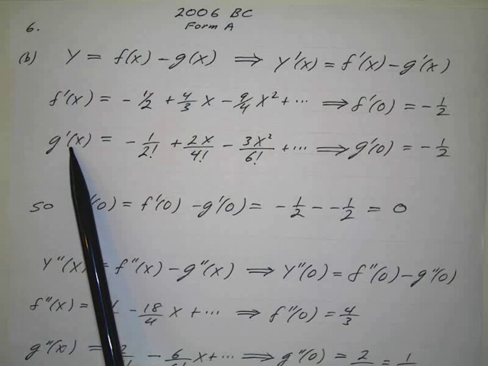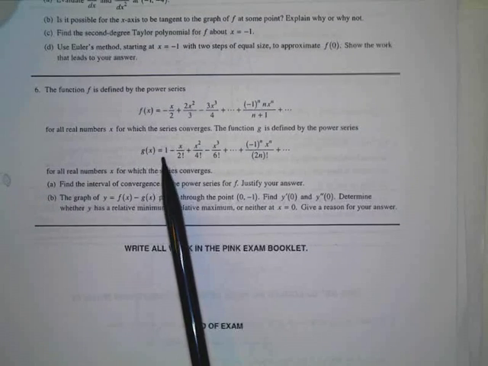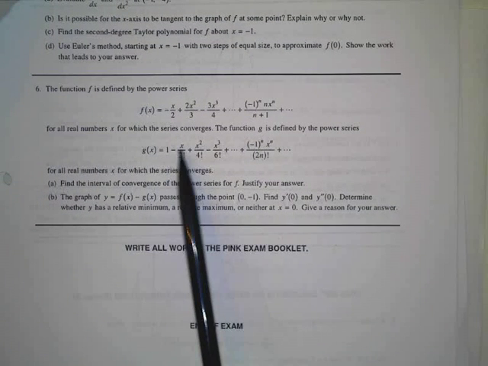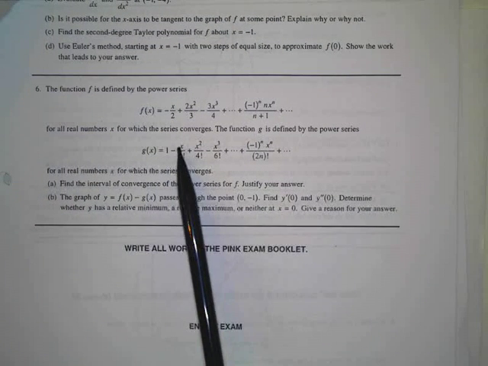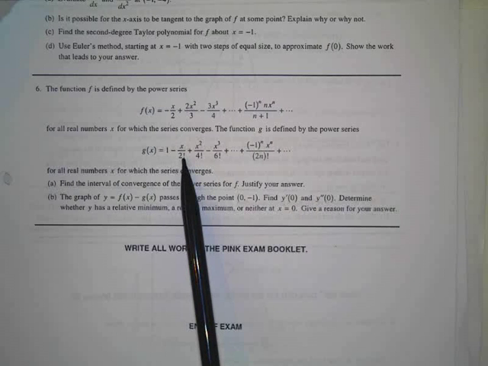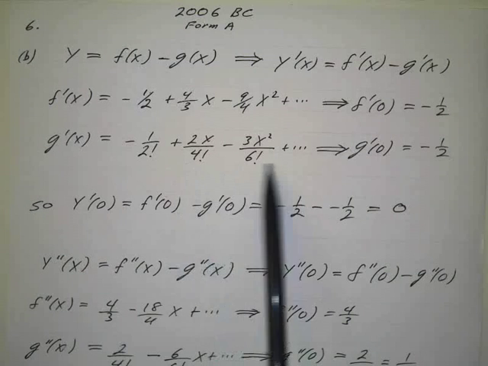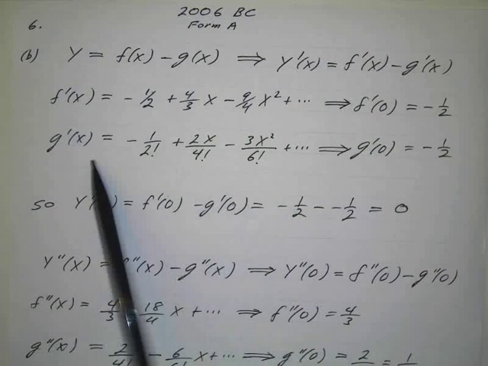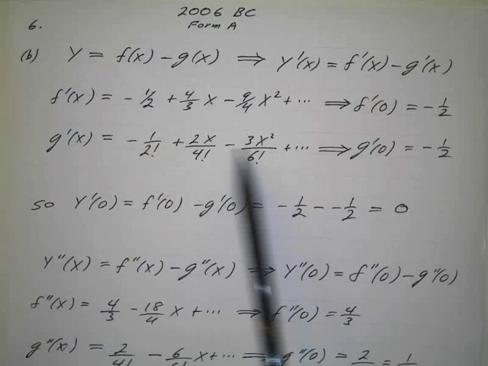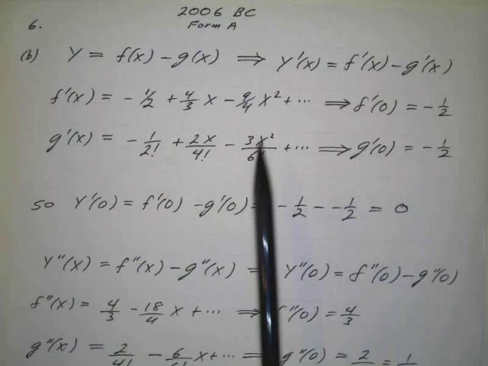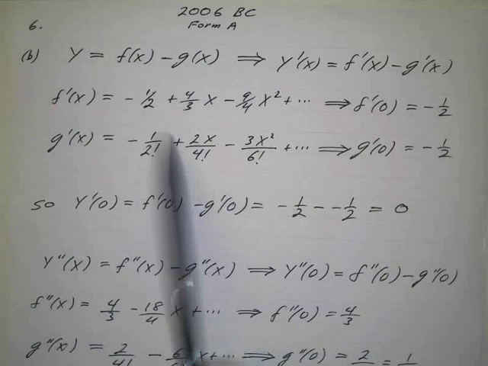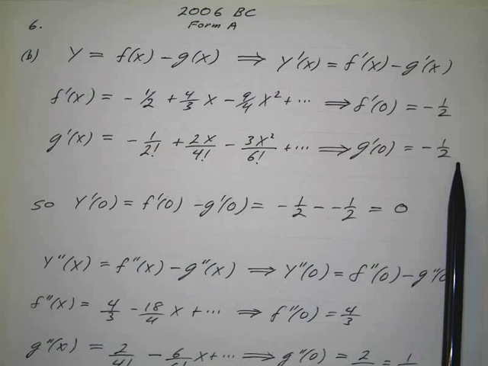Same thing with g of x. I took the derivative, and if you go back and look at g of x, the derivative of 1 is 0. The derivative of -x over 2 factorial is just going to be -1 over 2 factorial, and then we'll have x's. So this is what I had. I don't have to worry about the other terms because if I put a 0 in there, all those will zero out, and this is all I have left.